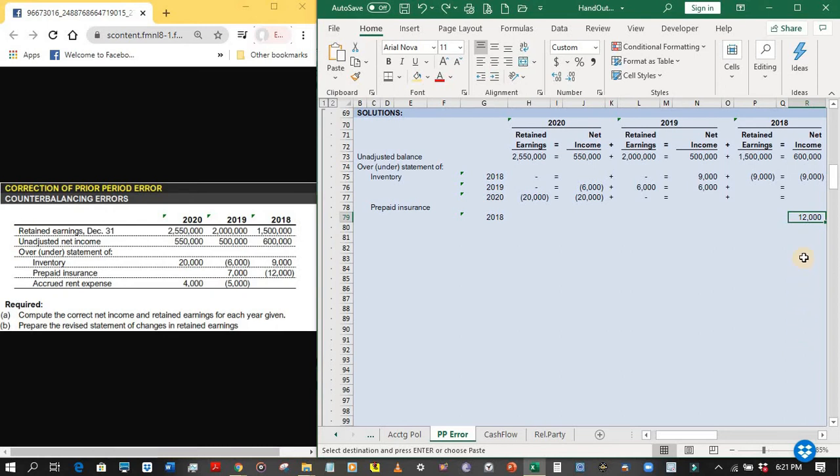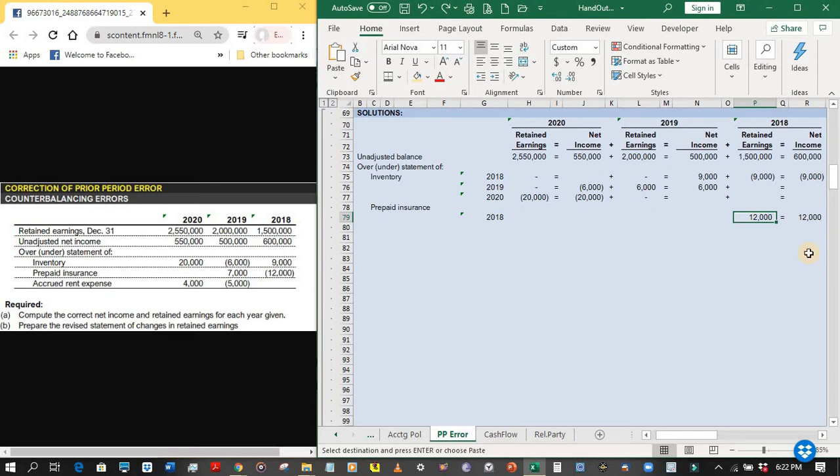And also, since the net income in 2018 is understated by 12,000 pesos, it only means that the retained earnings at the end of 2018 is also understated by 12,000 pesos. That is why, in order to correct the retained earnings at the end of 2018, we need to again add 12,000 pesos.